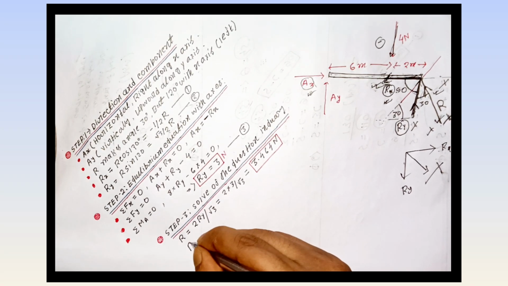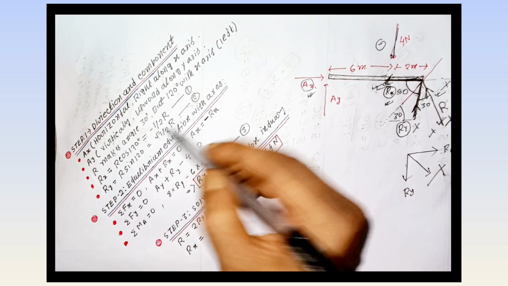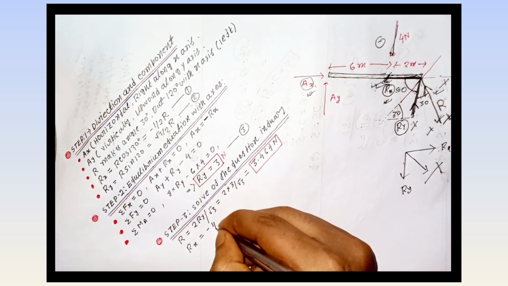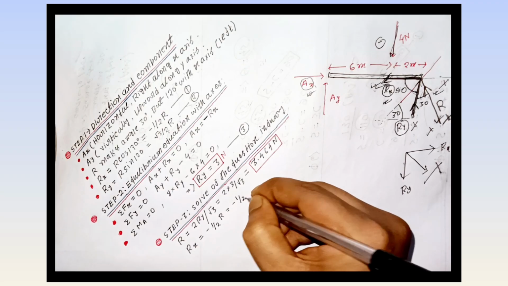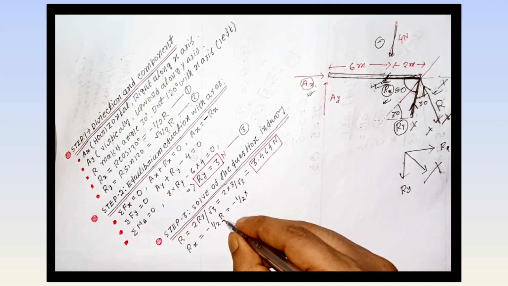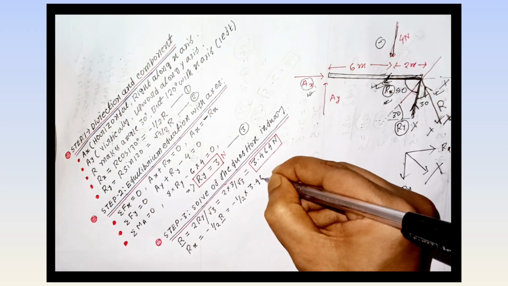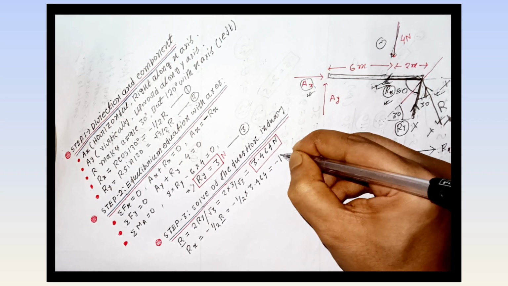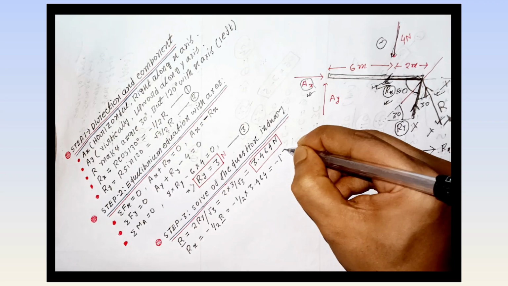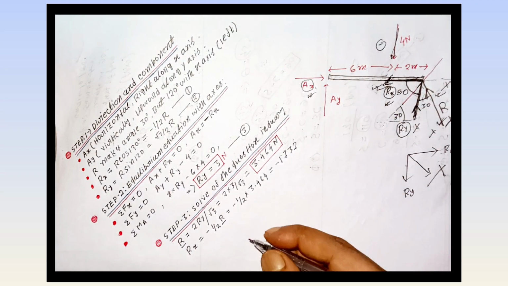Now, what is Rx? From equation number 1, Rx equals minus 1 by 2 into R. And R is 3.464. Calculate it: minus 1.7 something. I don't have a calculator. 1.732. Yes.